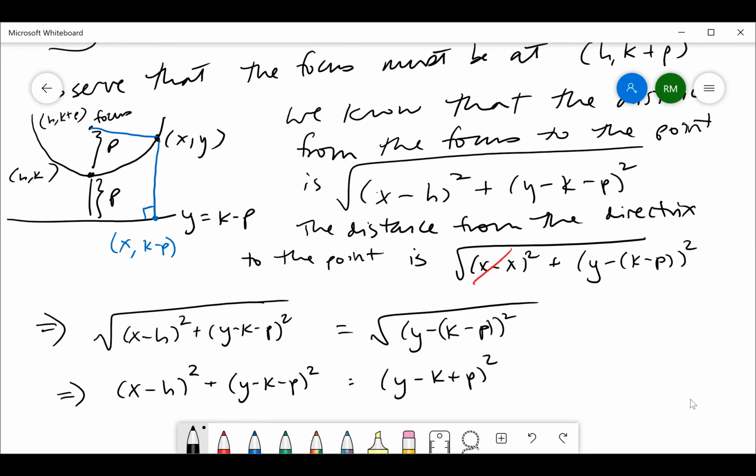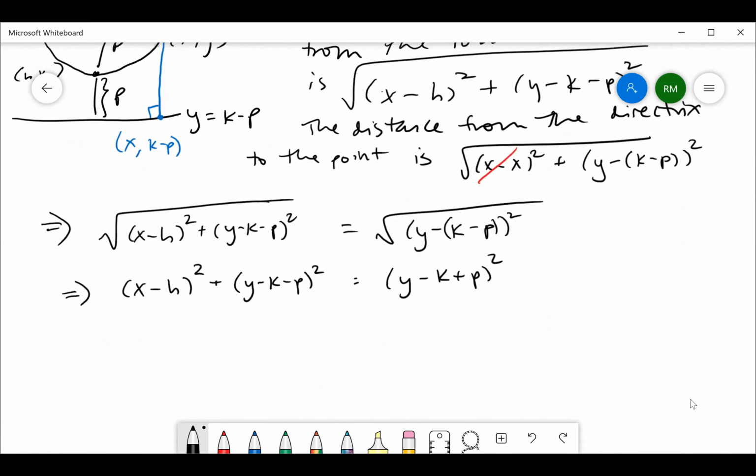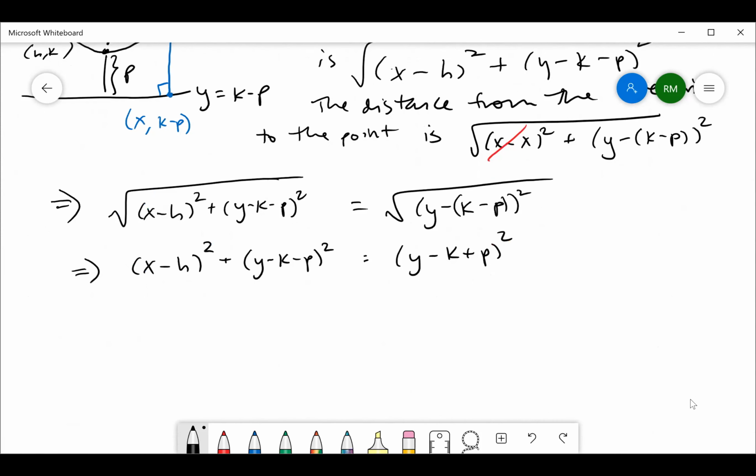And now it's time for algebra. So let's expand this piece right here and this piece right here. And what this tells us is this is (x - h)^2. And if you don't know how to expand these kinds of things quickly, you will learn.